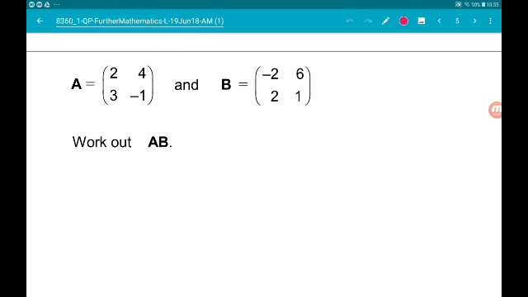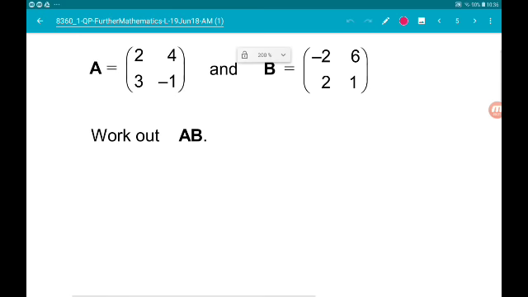Okay, question 3, we have multiplication of matrices. A is (2, 4, 3, -1) and B is (-2, 6, 2, 1). We want to work out AB. So let's write this out.